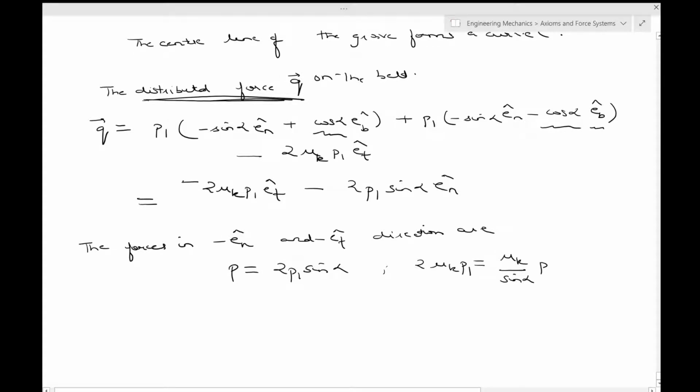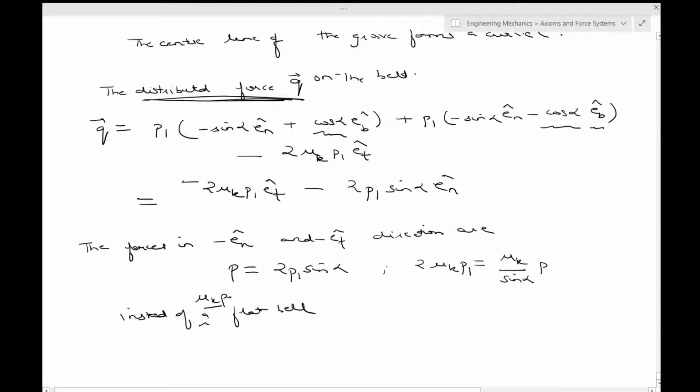And if you compare this with the flat belt, that is mu k P of a flat belt, there is this factor of sine alpha which is dividing this.